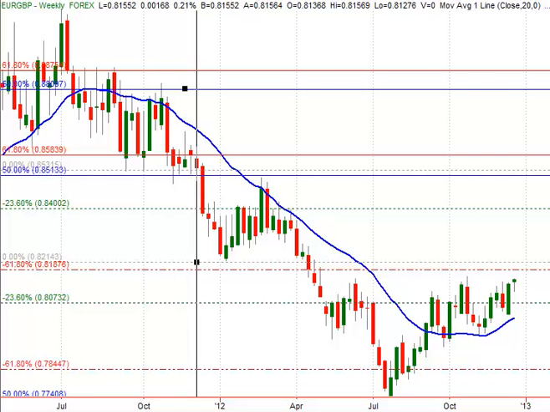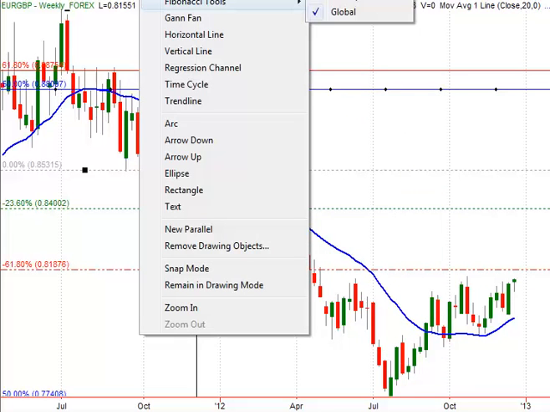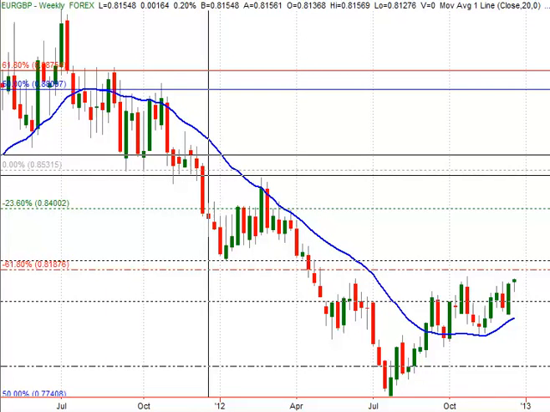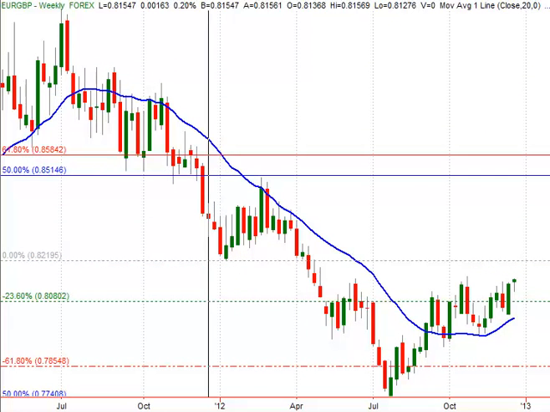But as you can see, selling came before the level here. So I'm going to retrace this again, and as you can see, the next resistance came at 0.85, and then the first target at 0.80 was hit, and then the second target was hit.